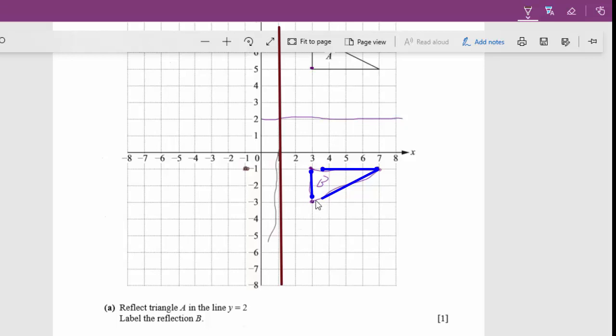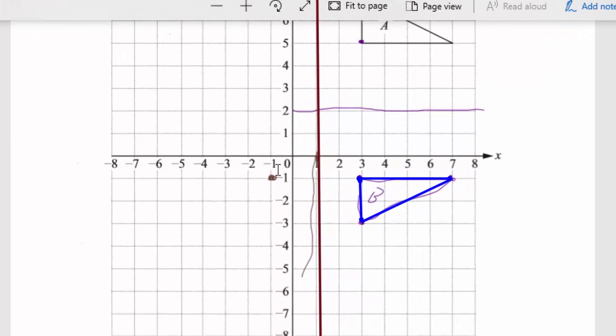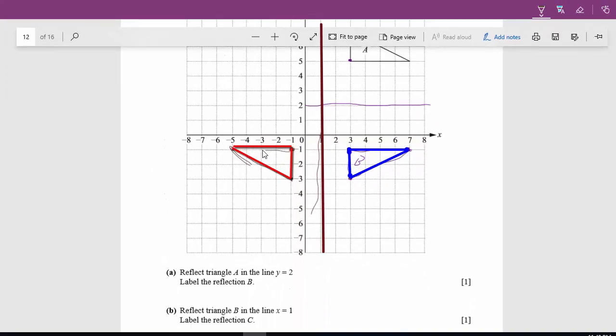We can do point by point to all the corners of the triangle, or we can just reflect one point and then get the others from this point. This vertex is 4 steps away from this one, so it goes like this, 4 steps, and the other one 2 steps. Join them and mark this.